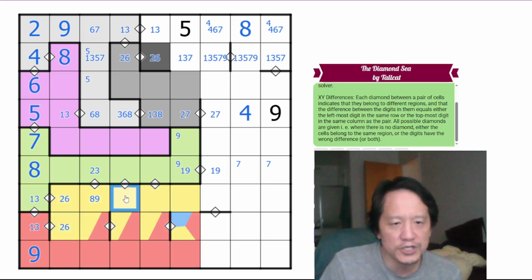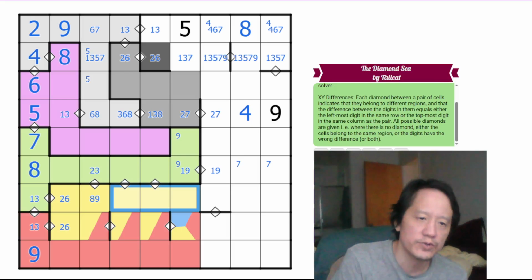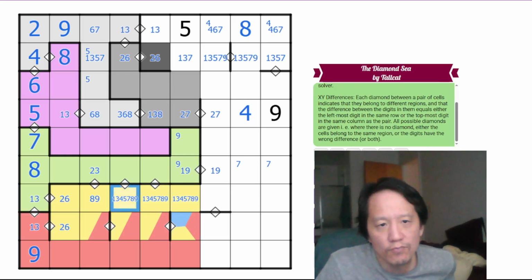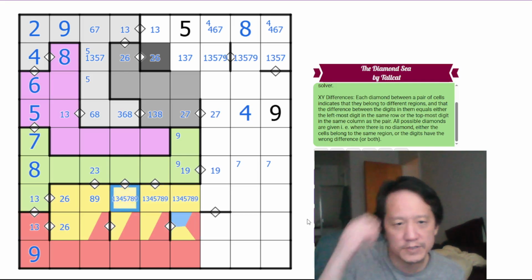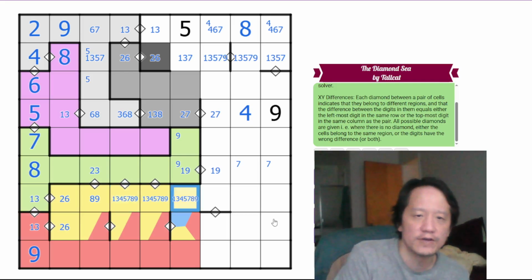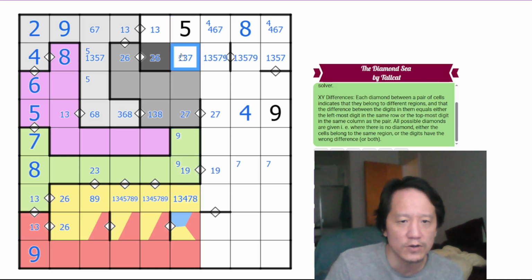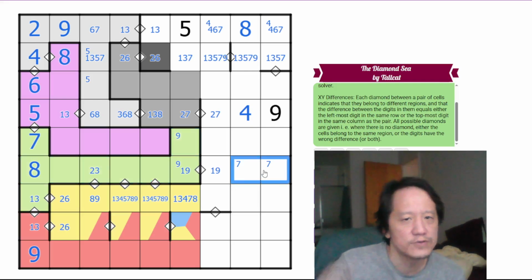This yellow region cannot contain 2 or 6. So we have 1, 3, 4, 5, 7, 8, 9. Okay, what does that mean? I'm not sure. This can't be 5 or 9 because of the 9 having to be one of these two and the 5 being here. 2 could be here. We know 7's one of those two.